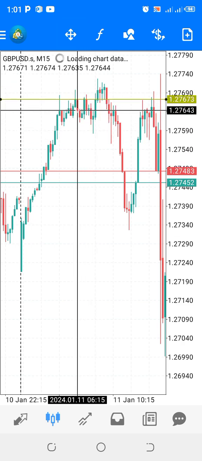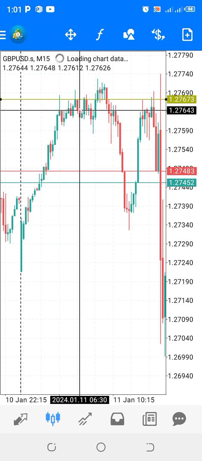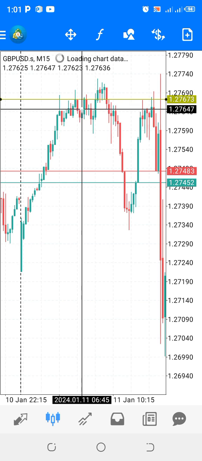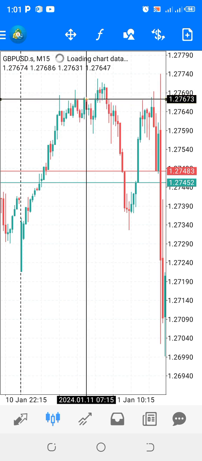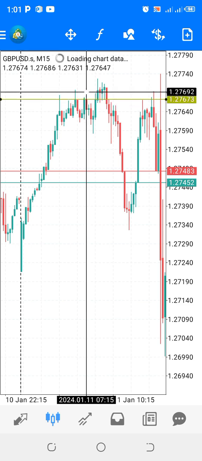So this was a break close, and your first entry using 1/8 of your lot size is at 1.2764. Then your first pending order will be 1.2767. Then your second pending order, all for sale, will be 6 pips above there, 1.2771, right?